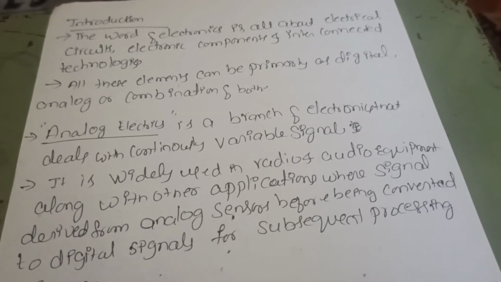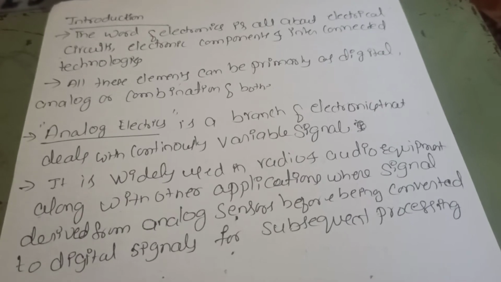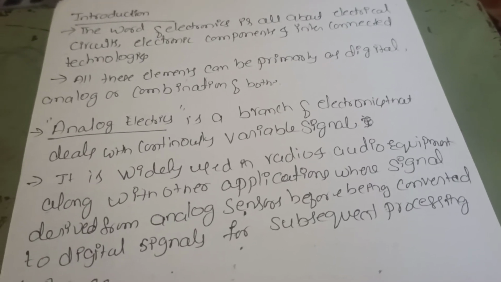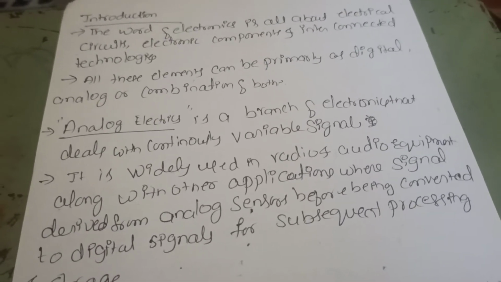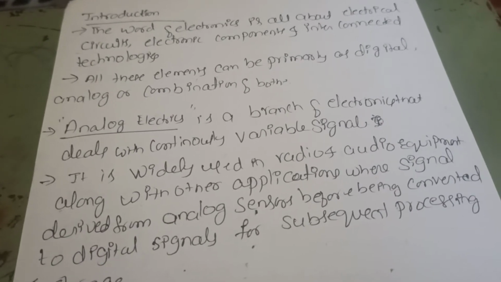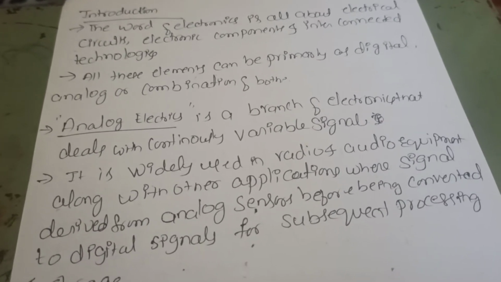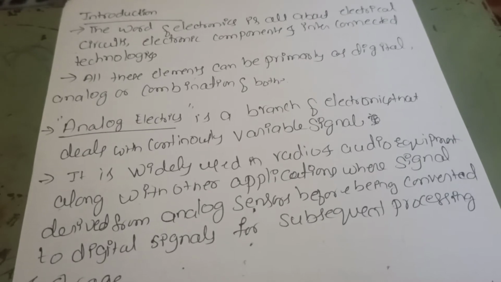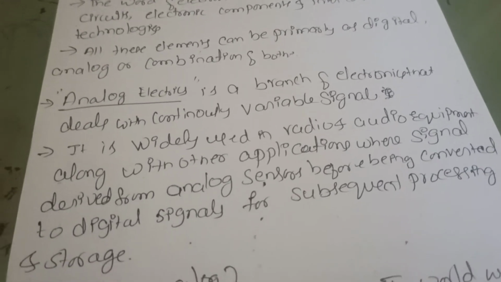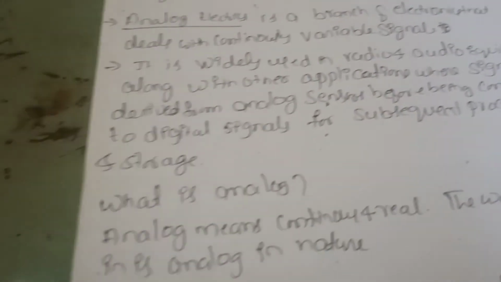Radio systems and audio equipment systems you have already seen. Where the signal is derived from the analog world, there will be sensors called analog sensors, which give analog signals. Those signals are converted into digital signals for subsequent processing and storage.